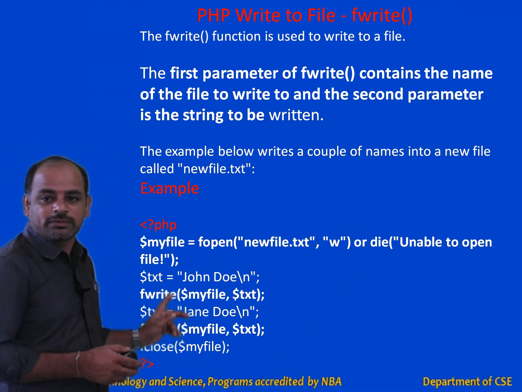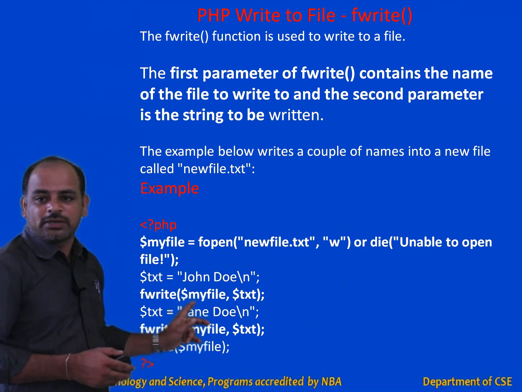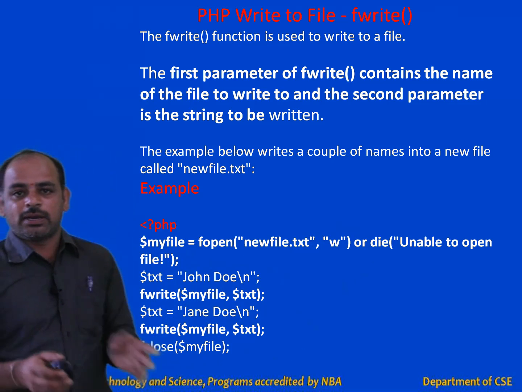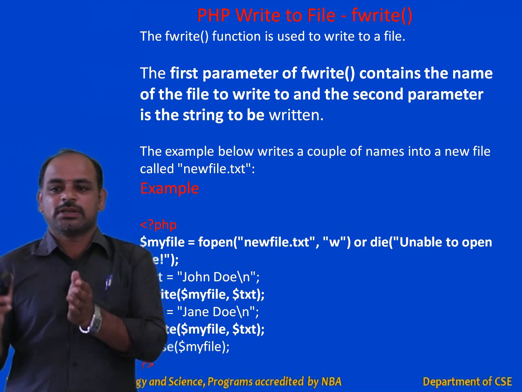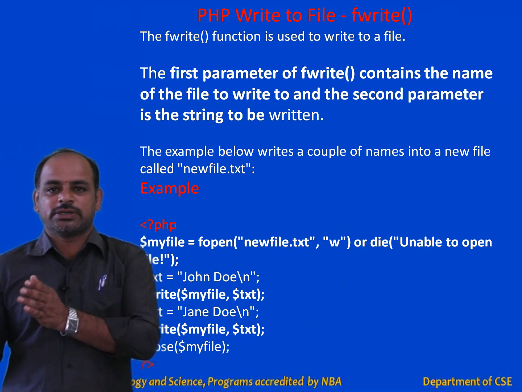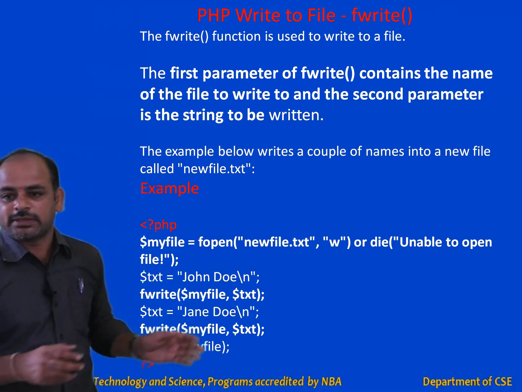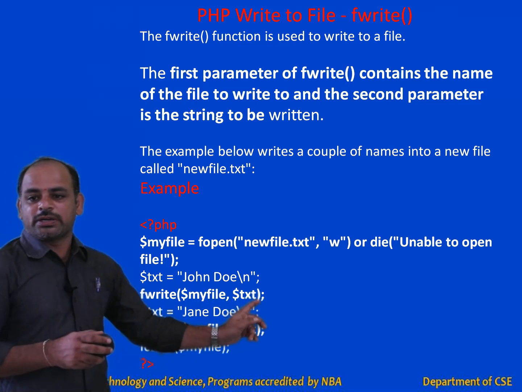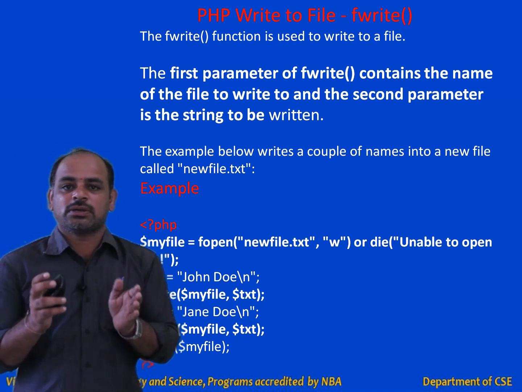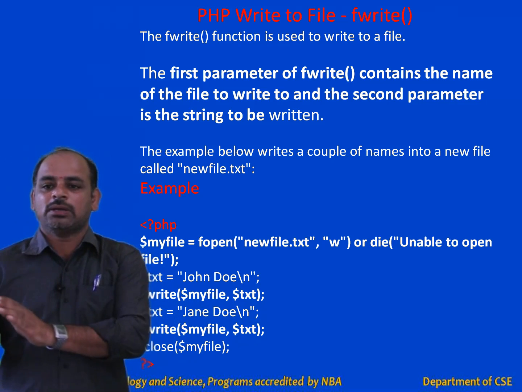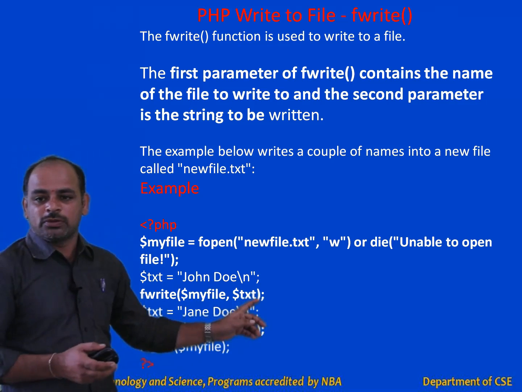Next, the fwrite function is there, and this is the file handle. The file handle specifies in which file you want to write the data, that is new file.txt here. The second parameter is whatever text or data you want to write within that file, which we have to specify here.